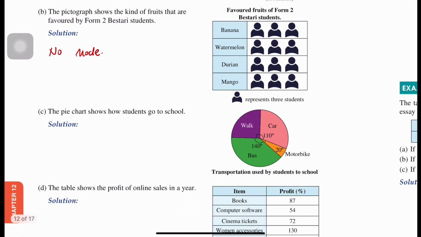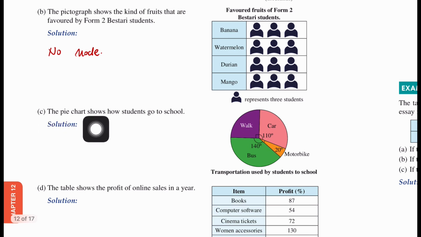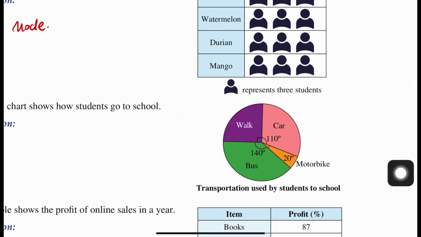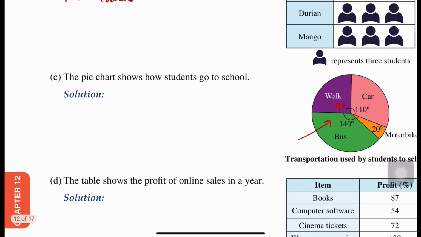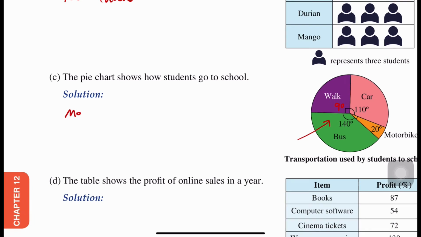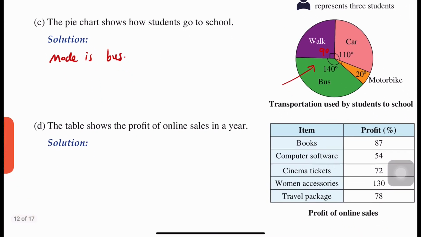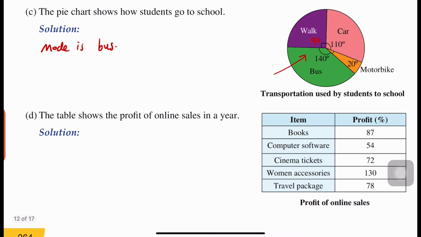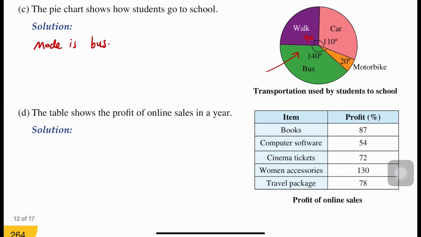Next C. The pie chart shows how students go to school. Yang mana angle paling besar? Yang ni kita ada 90 kan. This one is 90. So we can see that the angle for bus is the biggest. So kita boleh katakan the mode is bus. Next, the last one, D. The table shows the profit of online sales in a year.